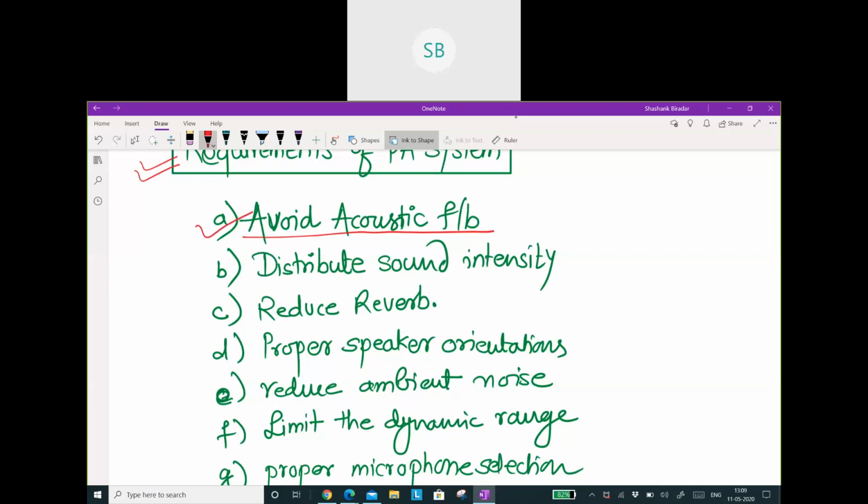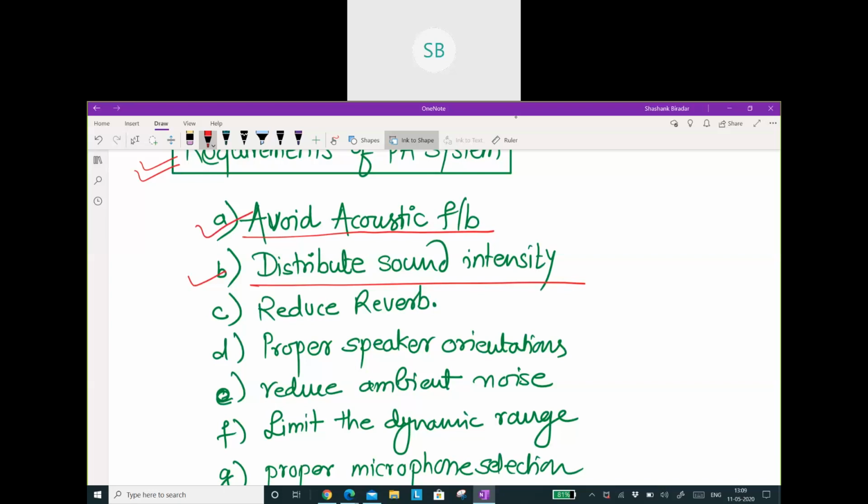Then the second point is to distribute sound intensity. The low frequency audio signals are responsible for the loudness of the sound, and high frequency audio signals are responsible for the clarity. So we need to balance that properly when dealing with low frequency and high frequency sound.